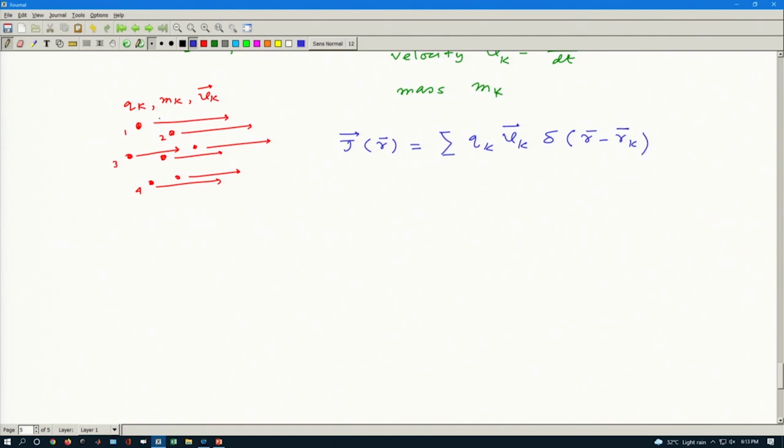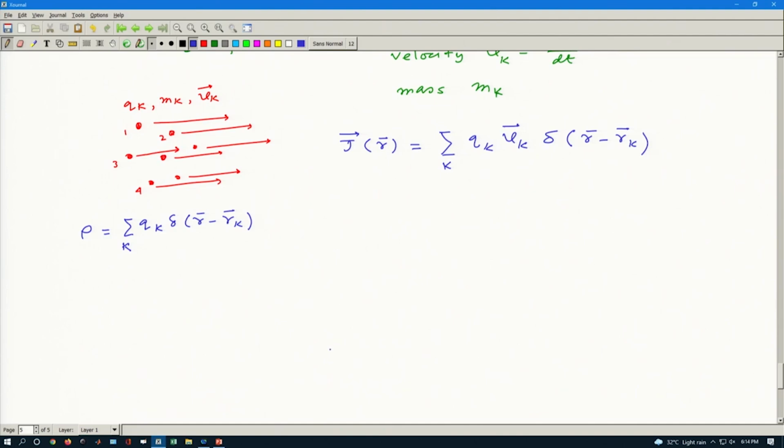Because if they are in a stationary state, then rho is q k delta of r minus r k. That was the volume charge density for a discrete charge, and now I write the current density for this discrete charge, which is moving with a velocity v k.